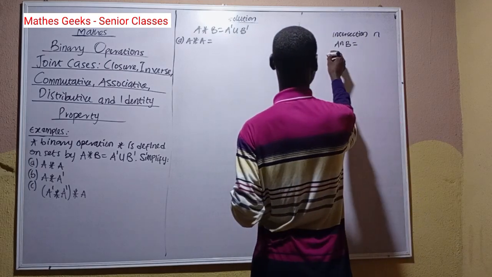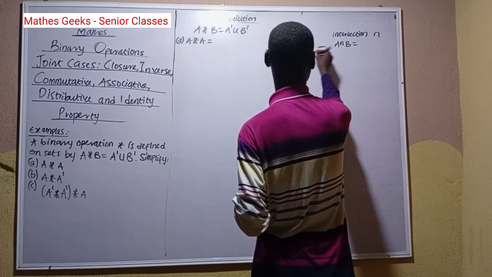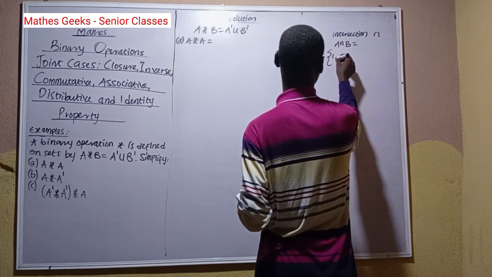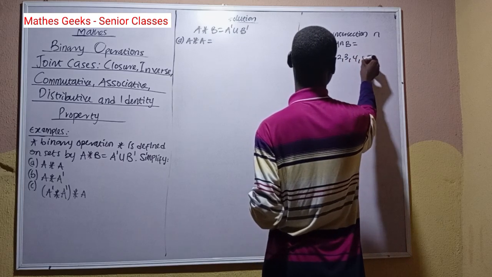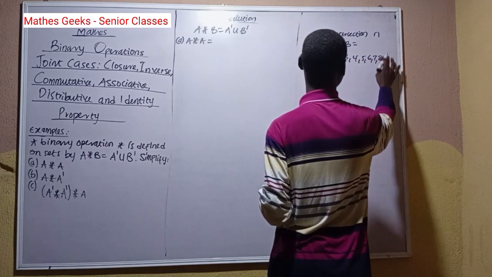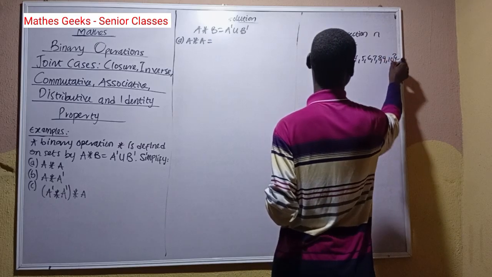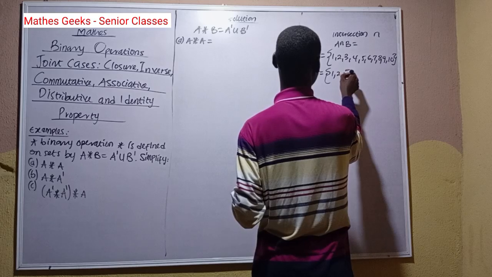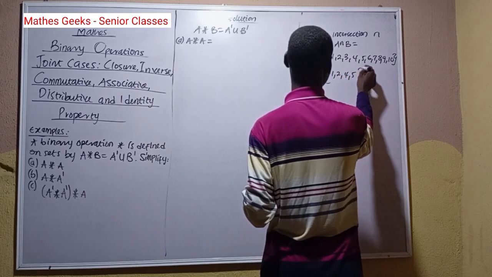Let's do it this way. Let's get our universal set. Let's assume our universal set is 1, 2, 3, 4, 5, 6, 7, 8, 9, 10. And then A is equal to 1, 2, 4, 5.